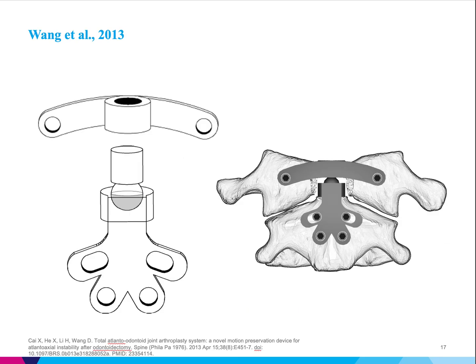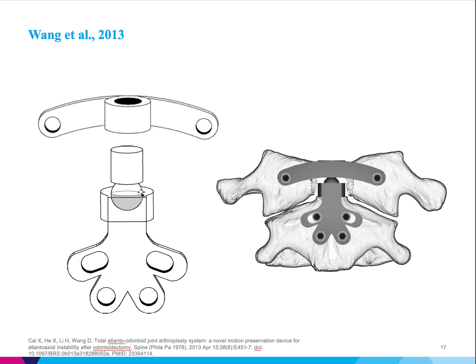In 2013, Wang made a modification to their design, and so rather than have their rod that the C1 part rotates about, they included a spherical component to allow for greater movement, including a little bit of lateral bending as well.